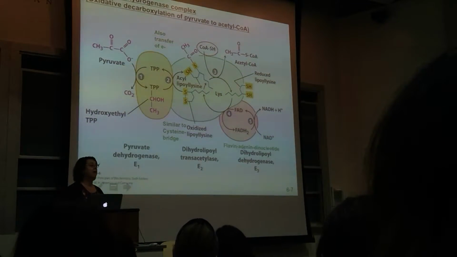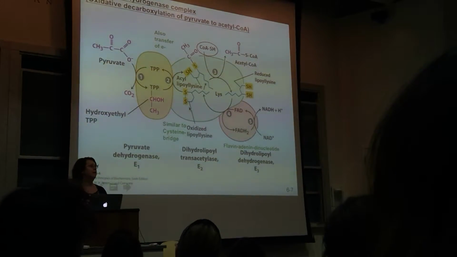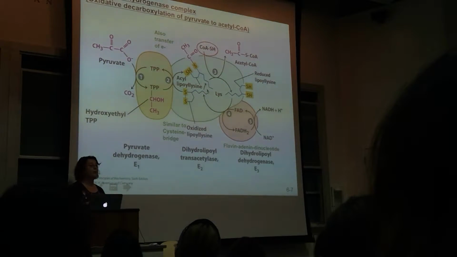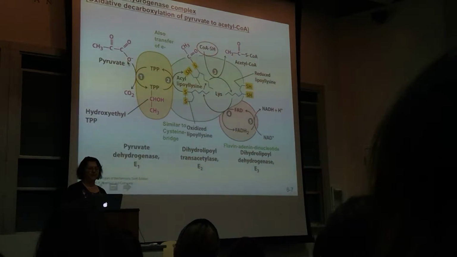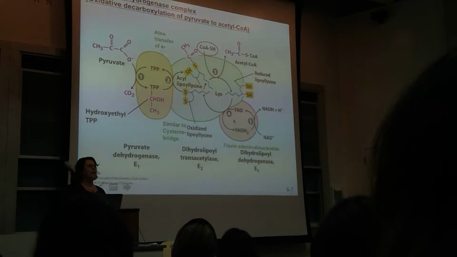So you are coupling a set of oxidation-reduction reactions in order to regenerate this oxidized form so this reaction can happen again. Again, you will only need to know pyruvate, CO2, acetyl-CoA, and this final product, but also all the cofactors and the arm.